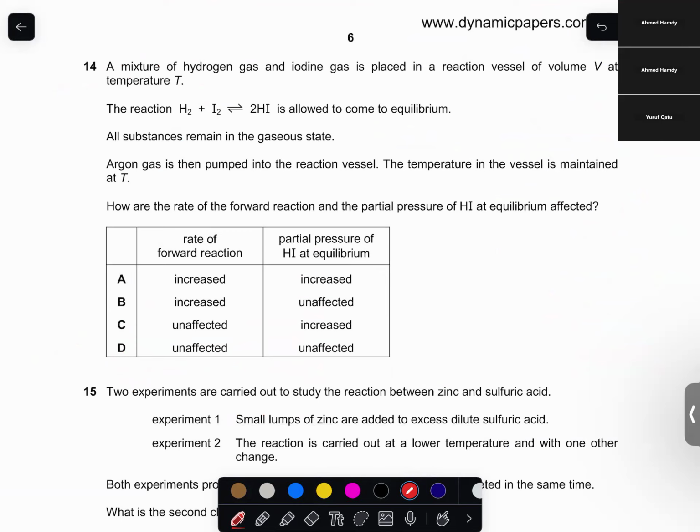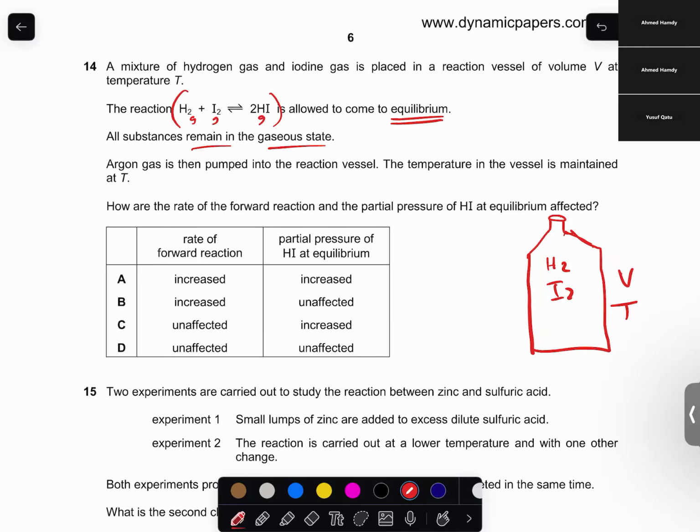Hydrogen gas and iodine gas, H2 and I2, we put them in the reaction vessel of volume V, at temperature T. The reaction goes to equilibrium. So this is the reaction at equilibrium. All the substances remain in the gaseous state. All of them are gas.